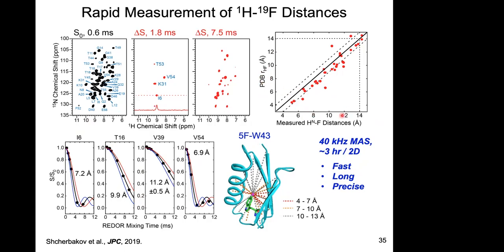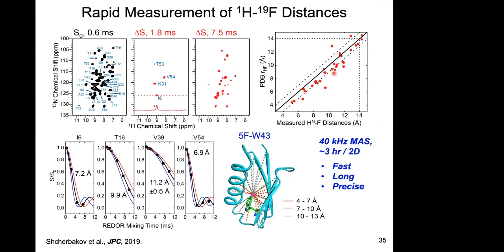So x-axis, again, is measured based on the REDOR fitting, and y-axis is the PDB, true distances. Here, I really have a slope 1. I'm not changing the slope. The data points fall slightly below the slope 1. And what that means is that the measured distances are just a little bit longer than the true distances.